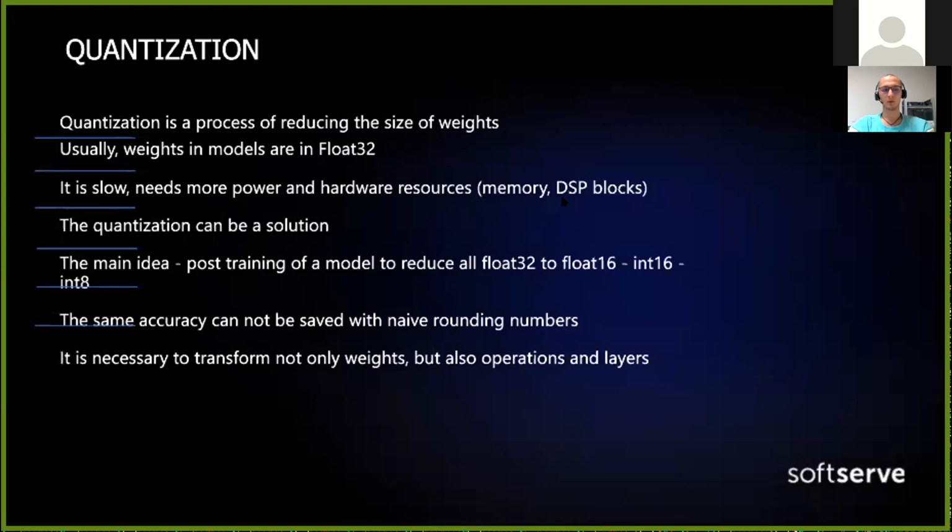By reducing our numbers to int 8, the resulting model will be faster, and the model will not be so heavy, and we will save the same accuracy as before. How to do that?